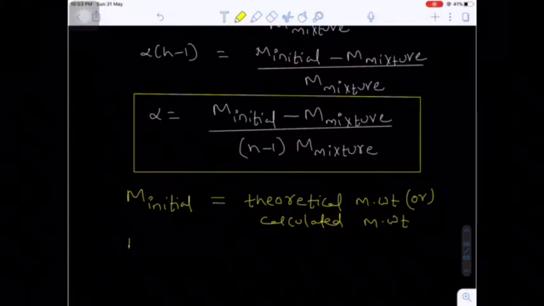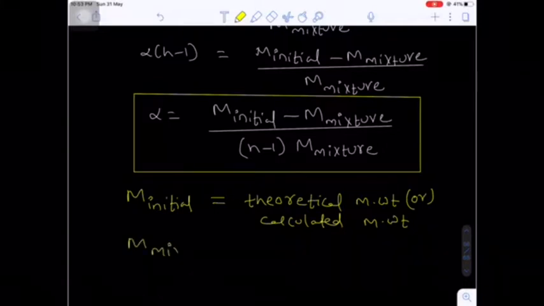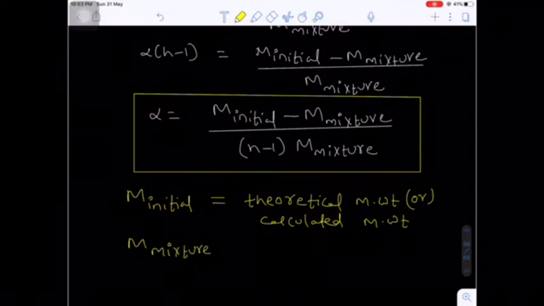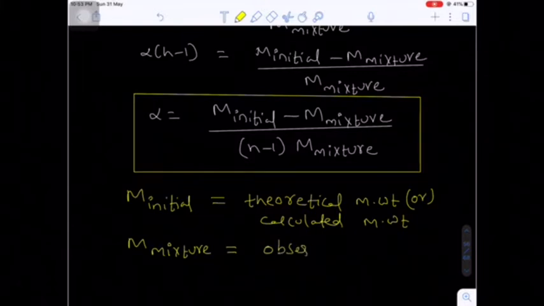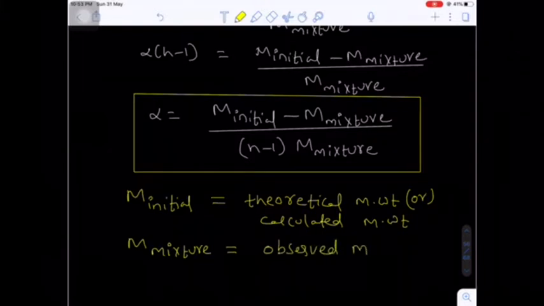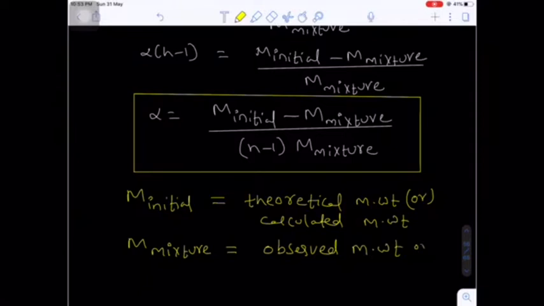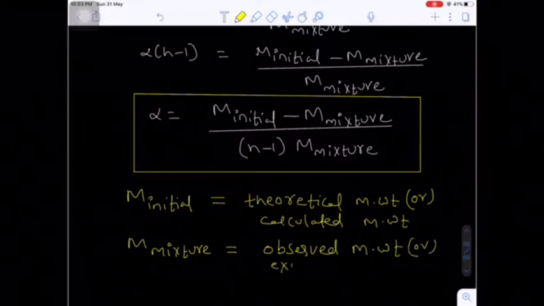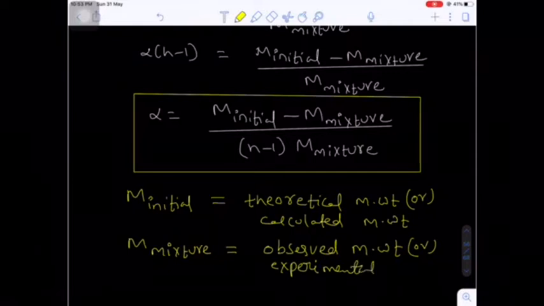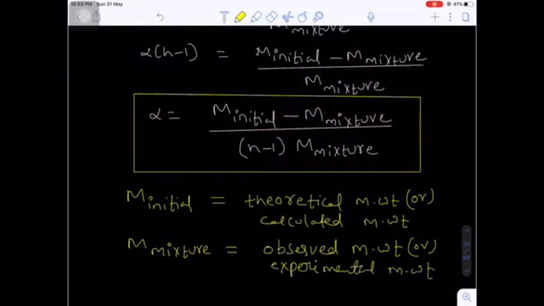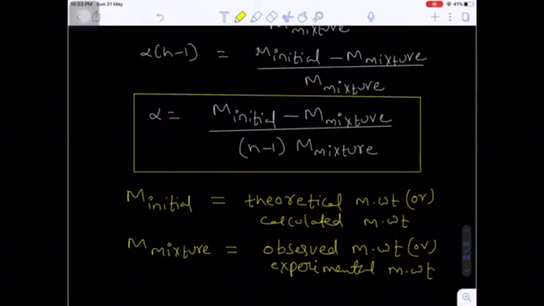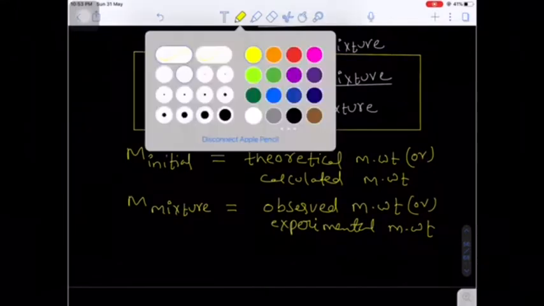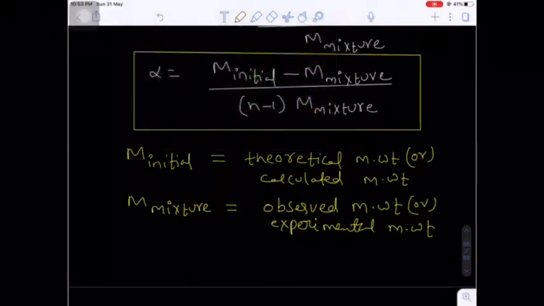Are you getting my point? Now M mixture is also referred to as the observed molecular weight or experimental molecular weight. Terminology, okay, different terminology will be used in the question.